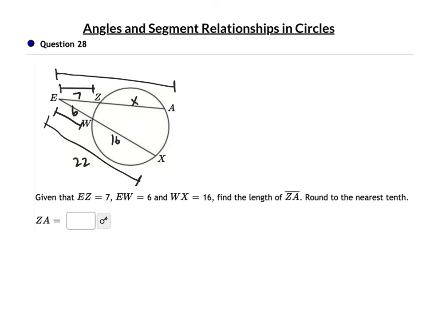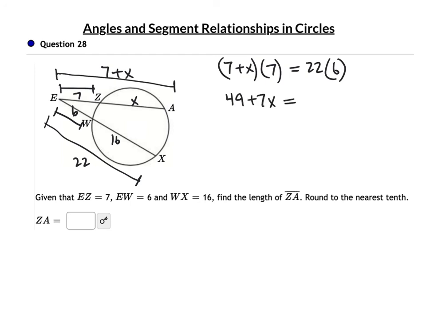We'll call this X. This is 7 plus X. The whole length, 7 plus X, times the outside piece, 7, equals the whole length, 22, times the outside piece, 6. Distribute, 49 plus 7X equals 132.